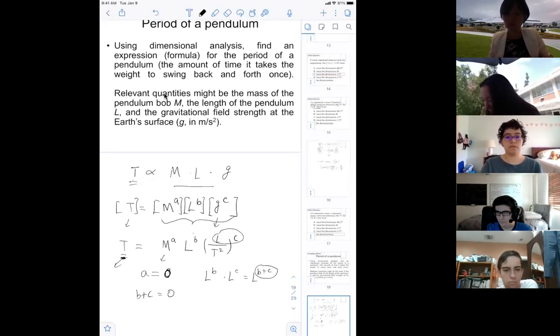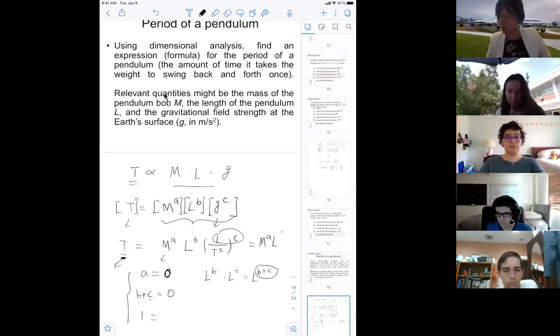You might wonder, okay, you have solved for A, but I don't know B or C. There's one last quantity, that is your time. On my left-hand side, I have time to the power of 1, right? And on my right-hand side, I have time to the power of what? So this is going to be M^A L^(B+C) divided by T^(2C).